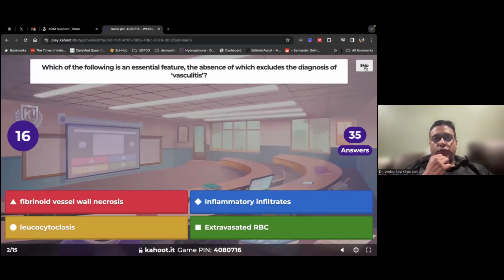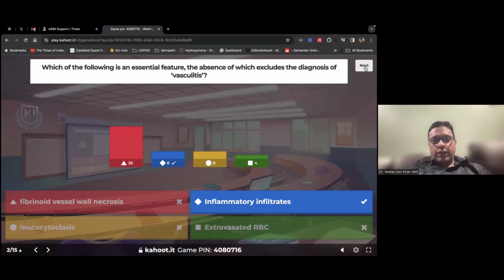Which of the following is an essential feature, the absence of which excludes a diagnosis? Is it fibrinoid vessel wall necrosis, inflammatory infiltrates, leukocytoclasis, or extravasated RBC? Most of you have gone for fibrinoid vessel wall necrosis.